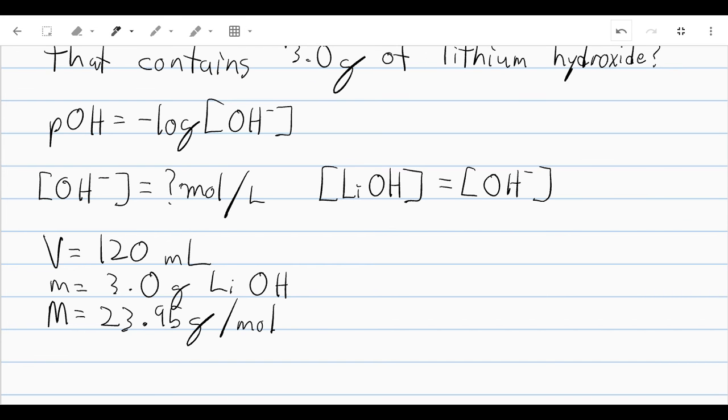Now, we want to find moles per liter, so we're going to swap our volume into 0.120 liters instead of using milliliters so that we get the correct units.